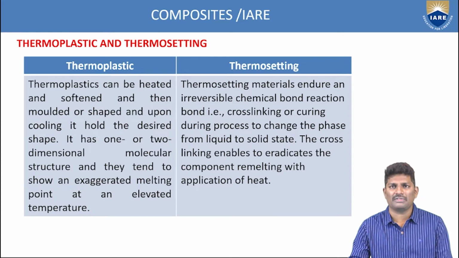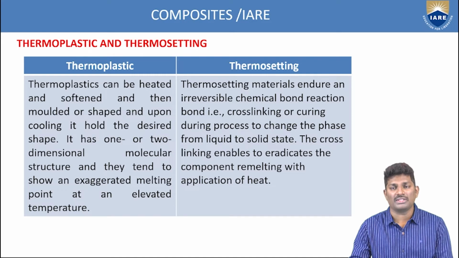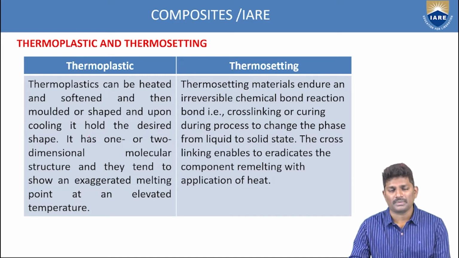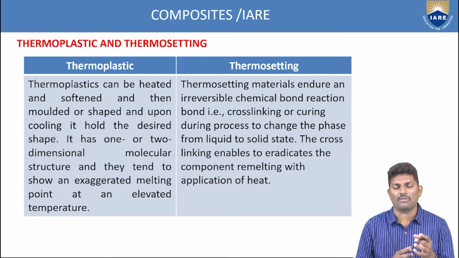Now, what is the difference between the matrices we are using, whether thermosetting or thermoplastic? Thermoplastic can be heated and softened and then molded or shaped, and upon cooling it holds the desired shape. So if you want to get a composite material into the desired shape, first we have to heat the material and soften it, then insert the heated material into the mold of whatever shape you want to prepare.